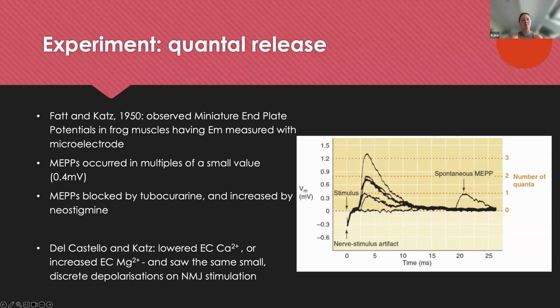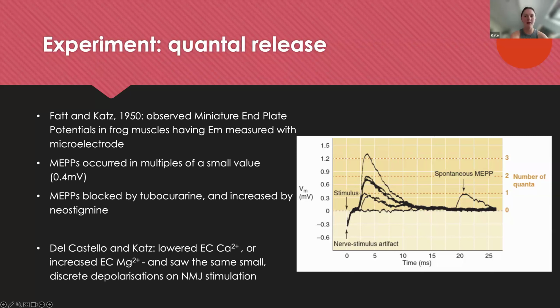This is an experiment which took me a little bit of time to get my head around, but it's important to understand quantal release of acetylcholine at the neuromuscular junction. So Fatt and Katz here, which is a good set of names to remember for your exams, measured the end plate potentials, that's the potential on the sarcolemma, when it was stimulated with different calcium concentrations in the surrounding solution.